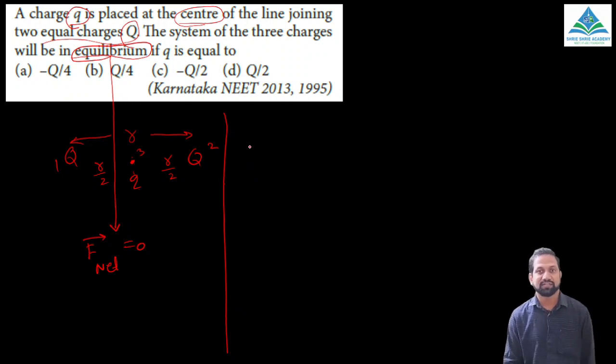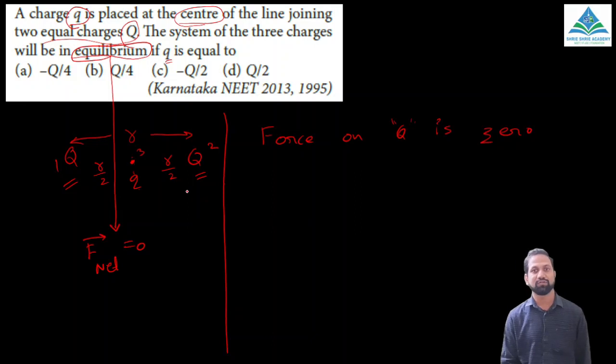So let us calculate the value of small q. We can find the value of small q by equating the net force acting on any one of the given charges to 0. So force on Q is 0.